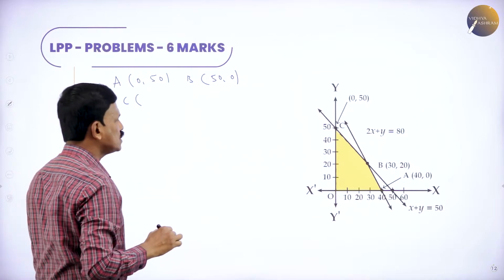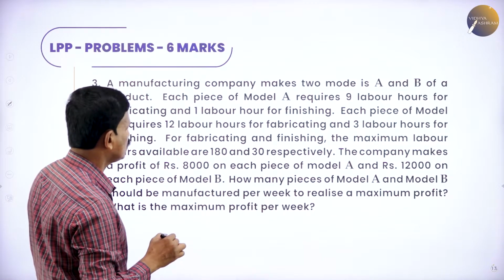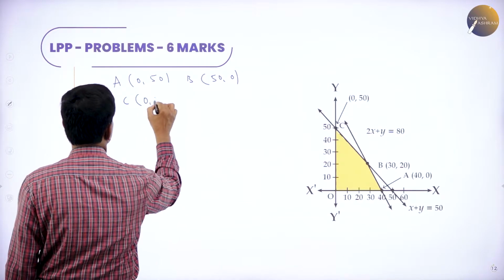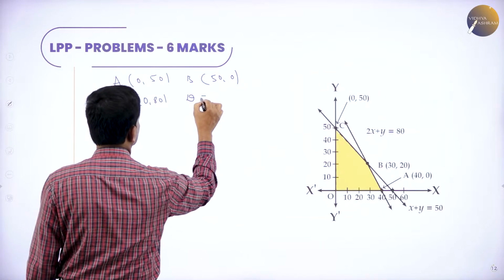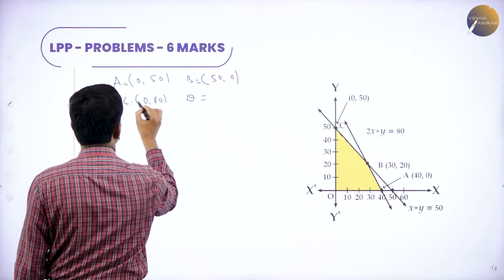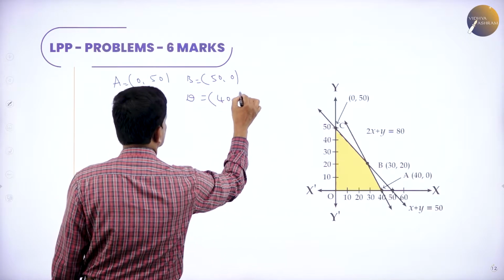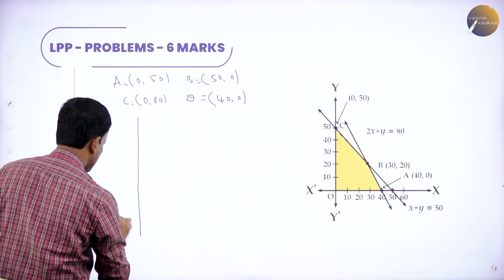Similarly, C is equal to 0 comma 80 and D is 40 comma 0.